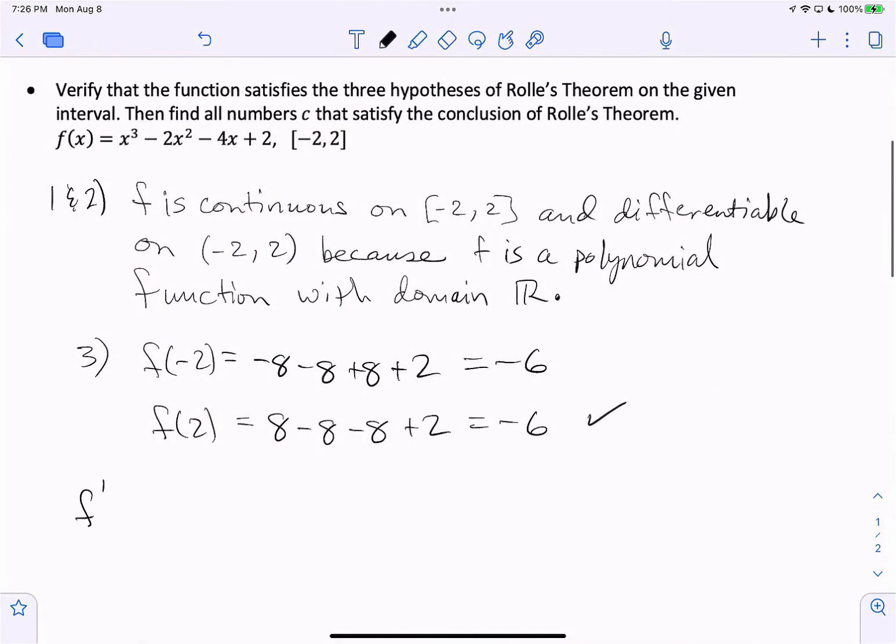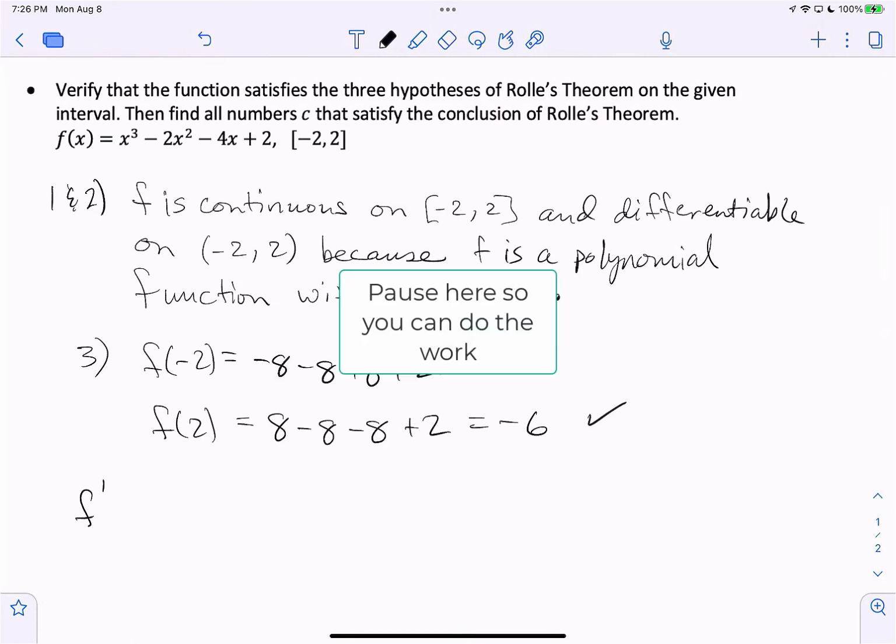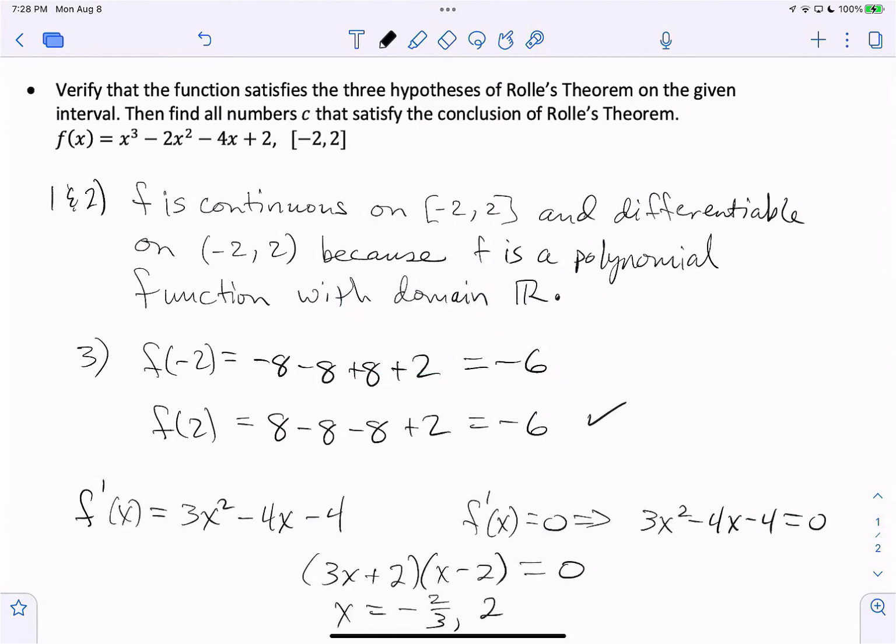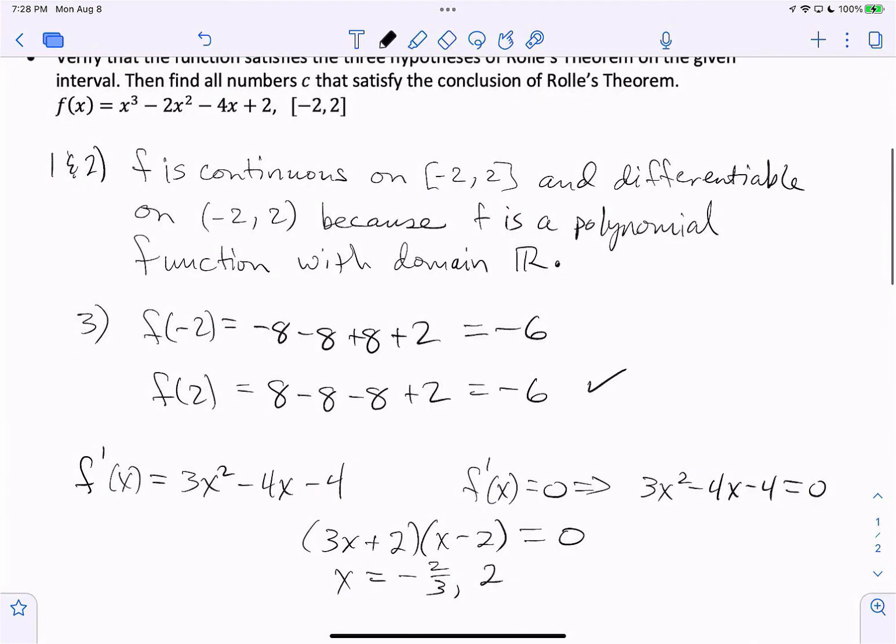We know how to do that. Take a derivative, set it equal to 0, solve the equation, go ahead and do it, come back when you're done. All right, bringing in some vocabulary from a previous series of videos, we were looking for critical numbers. And I have x is equal to -2/3 or 2.